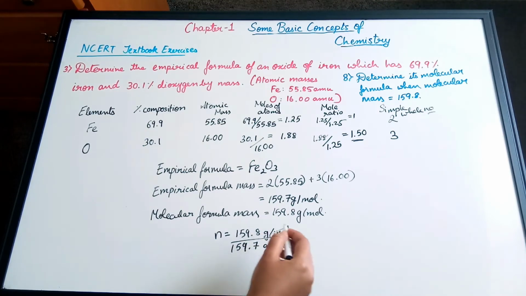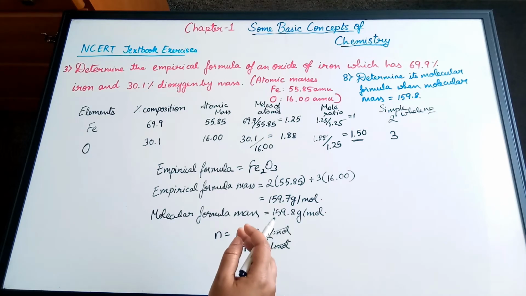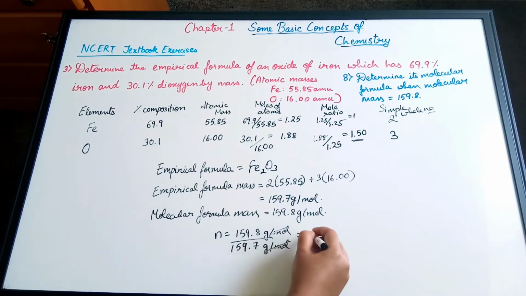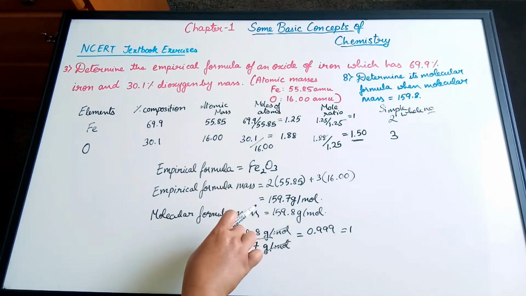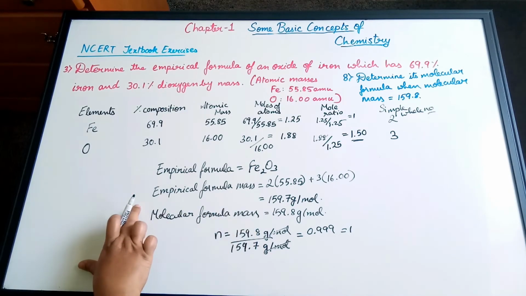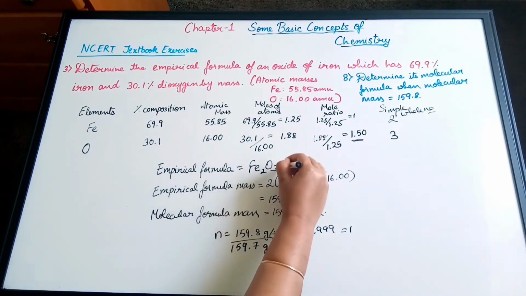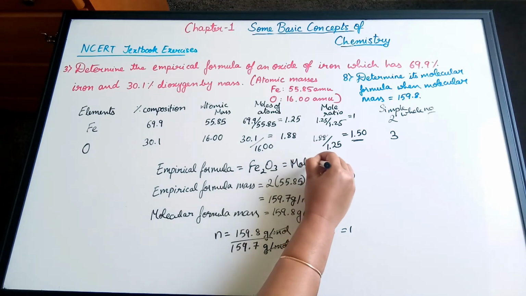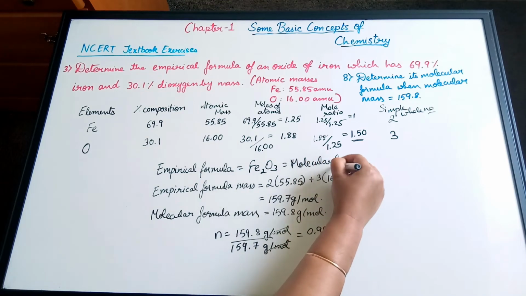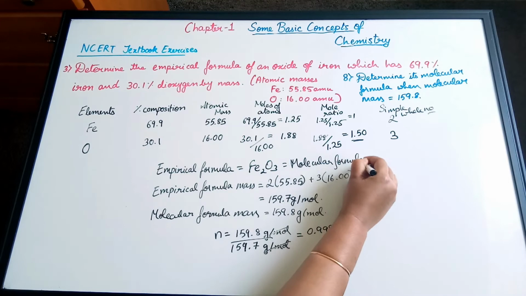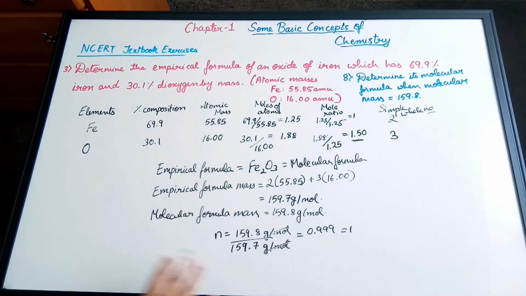So we can cancel these because they're the same value and we get approximately 0.999, which is equal to 1. This means if N equals 1, the empirical formula is the same as the molecular formula. For the detailed explanation about this entire process, do check out the video of empirical formula and molecular formula.